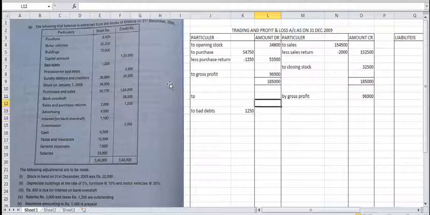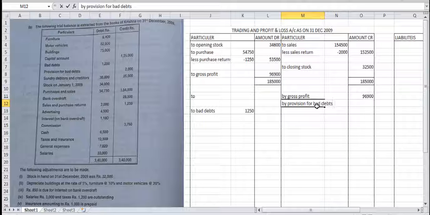Next, here after bad debts, provision for bad debt. Provision for bad debts you can write here also, no problem. By provision for bad debts.